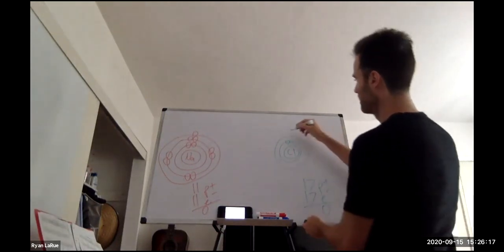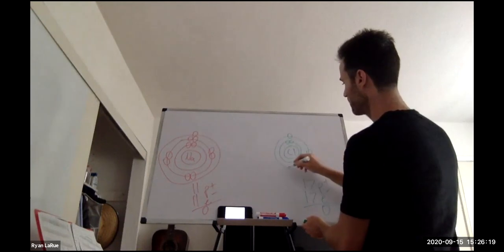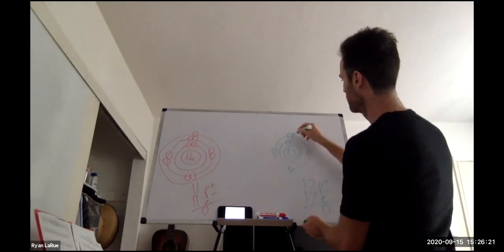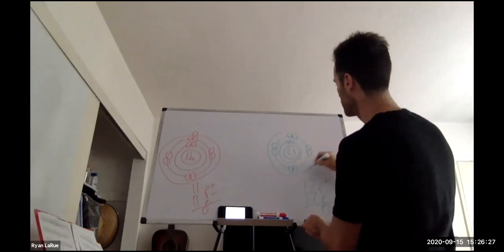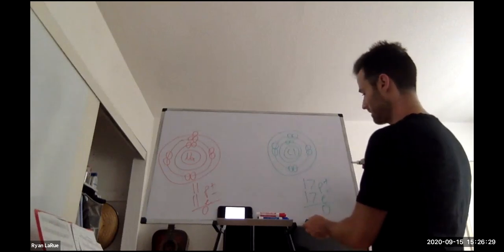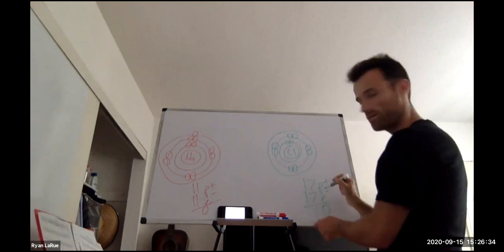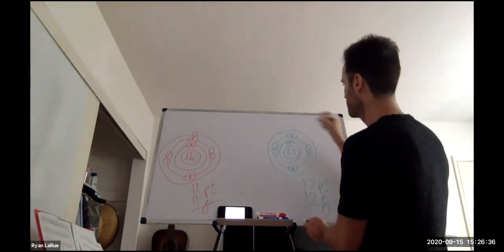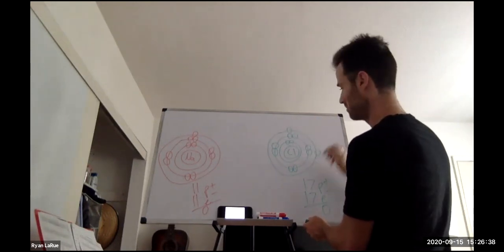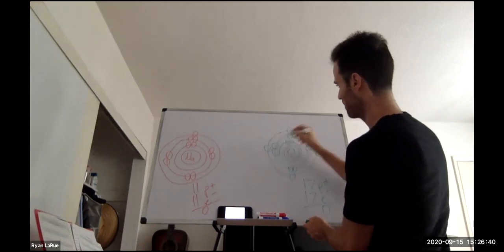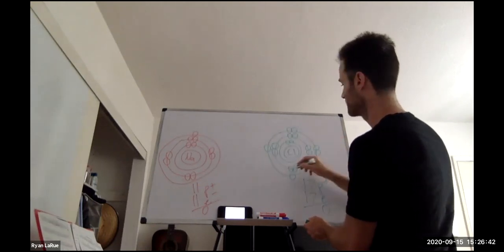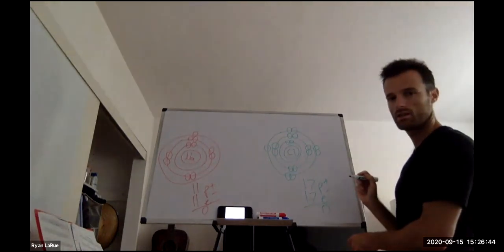So let's draw 1, 2, 3, 4, 5, 6, 7, 8. Still got more electrons. Move on to that third shell. How many left do we have? We've used 10 so far. We have 17. We got 7 left. 1, 2, 3, 4, 5, 6, 7.